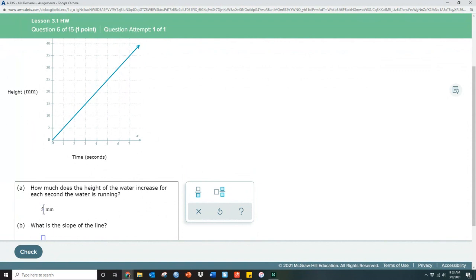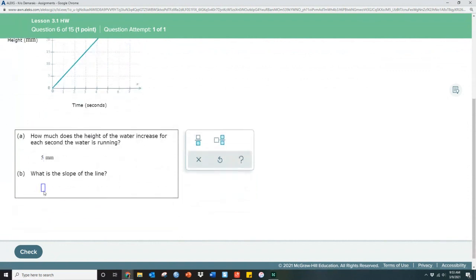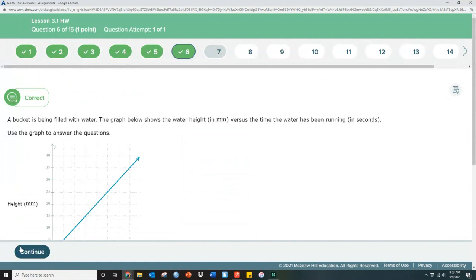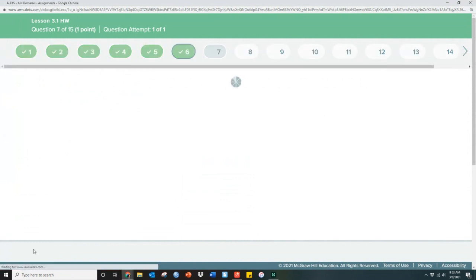So there's my answer. And what is the slope? The slope is going to be exactly the same, 5/1, because that's what slope is.